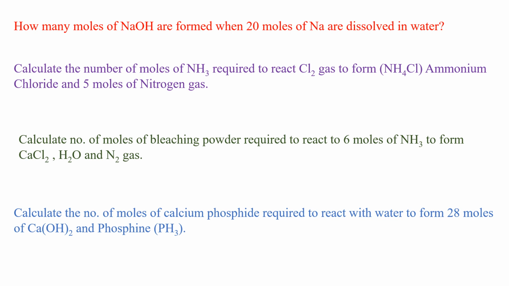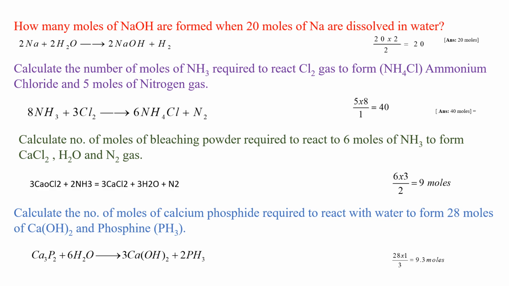Calculate the number of moles of bleaching powder required to react with 6 moles of ammonia to form calcium chloride, water and nitrogen gas. Calculate the number of moles of calcium phosphide required to react with water to form 28 moles of calcium hydroxide and phosphine. Do these problems.